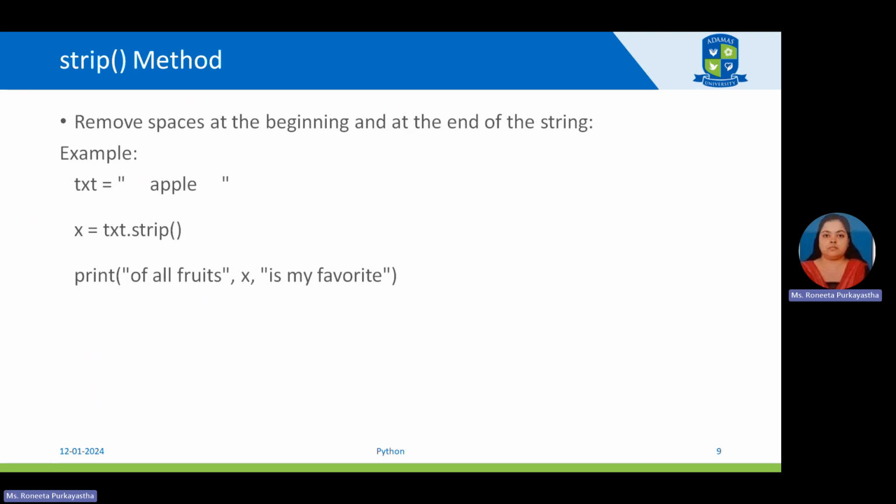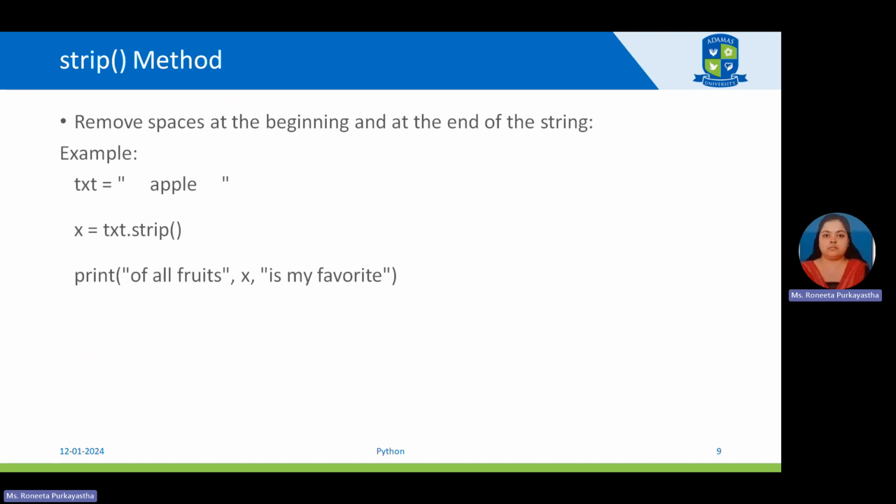It may be due to the improper structuring of the paragraph or the document, or by mistake these spaces have been included, or due to a change in format of a document. So what we can do is use this strip function. This strip function will remove the space both at the beginning and at the end of the string.